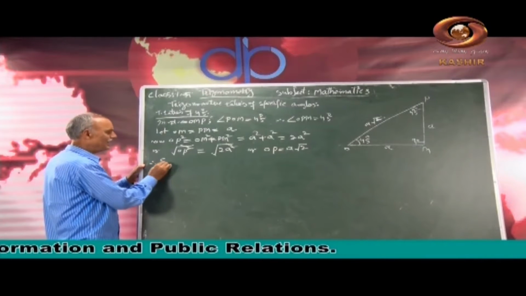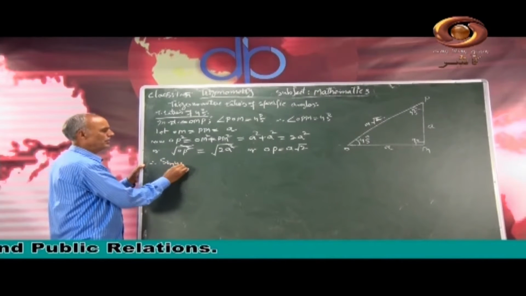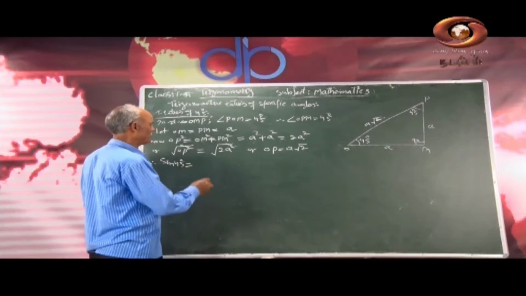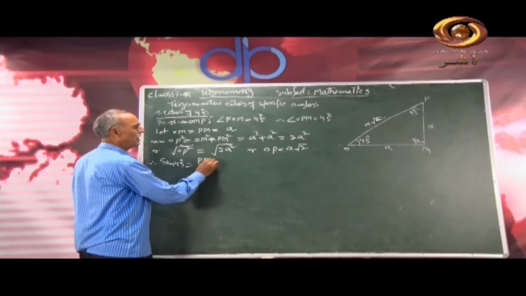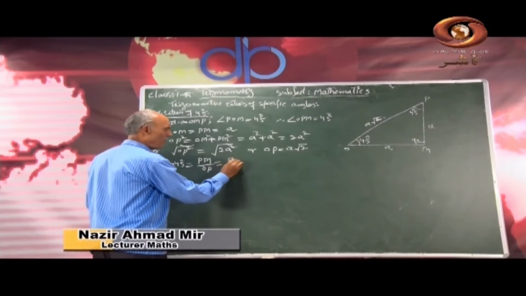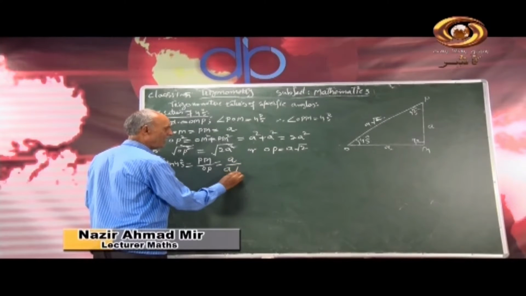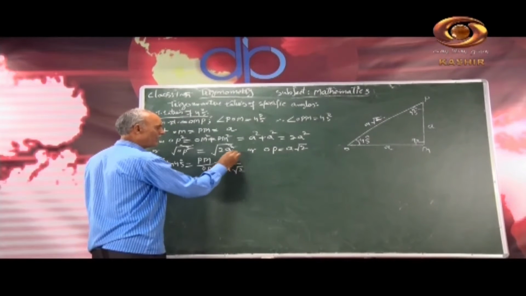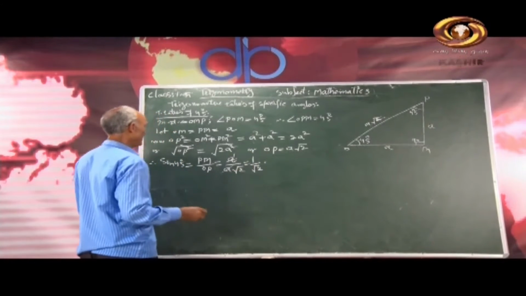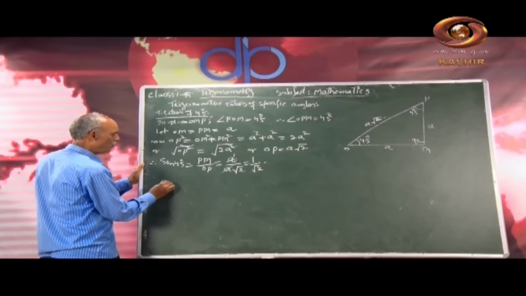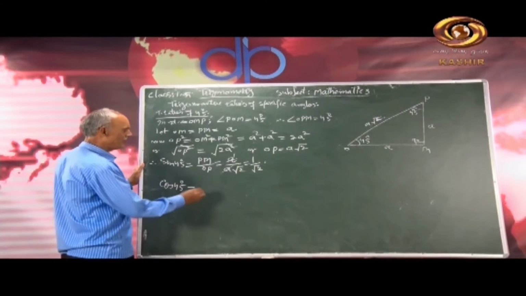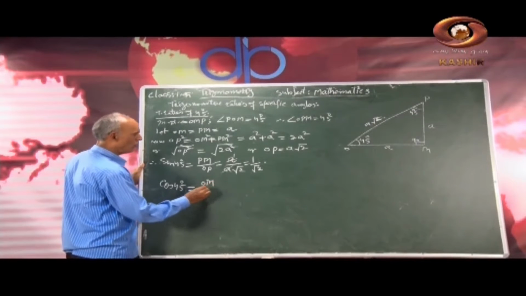Therefore, sine of 45 degree is equal to perpendicular by hypotenuse. Perpendicular is PM, hypotenuse is OP. So we get perpendicular A, hypotenuse A under root 2, cancel out A, we will get 1 by under root 2. Cos of 45 degree, that is base by hypotenuse, which is OM by OP.